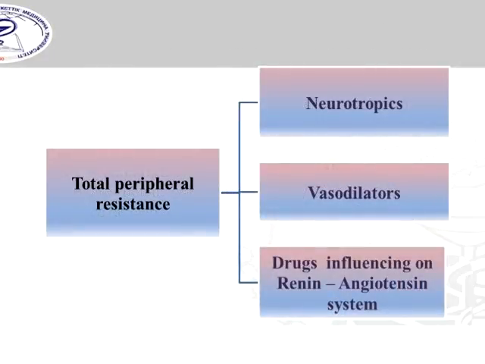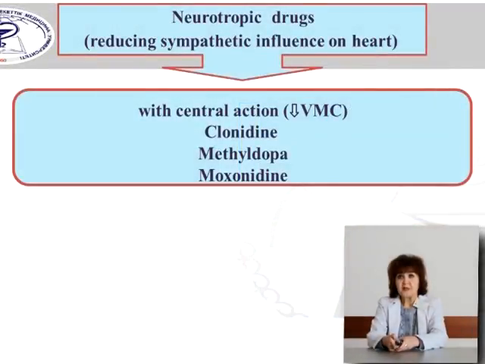Total peripheral resistance of vessels can be regulated by using the next groups of drugs. First group, neurotropics, next, vasodilators, and drugs influencing the renin-angiotensin system. Neurotropic drugs, drugs reducing sympathetic influence on the heart, may be with central action, inhibiting activity of the vasomotor center.